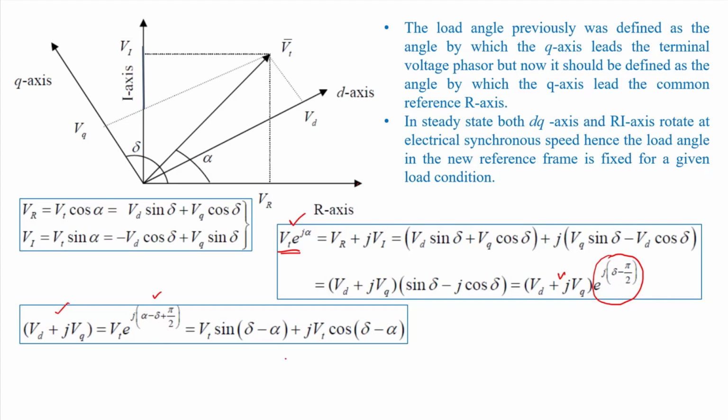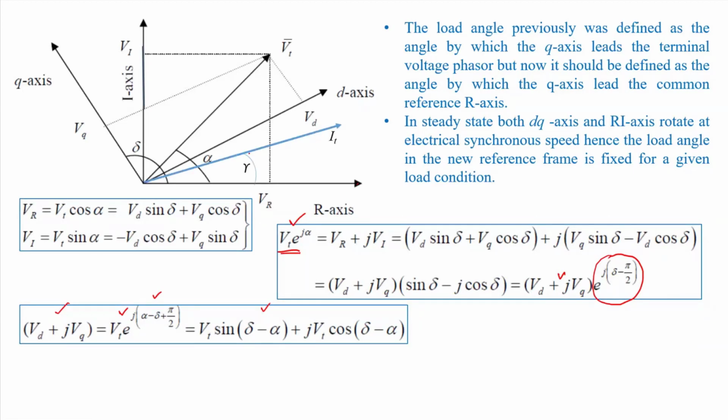After multiplying, we find this equation, that is Vt sin of delta minus alpha plus j Vt cos of delta minus alpha. So this equation indicates that if we know the terminal voltage and need to find Vd and Vq, the voltage in dq axis, we can simply write Vt sin delta minus alpha plus j Vt cos delta minus alpha, right?